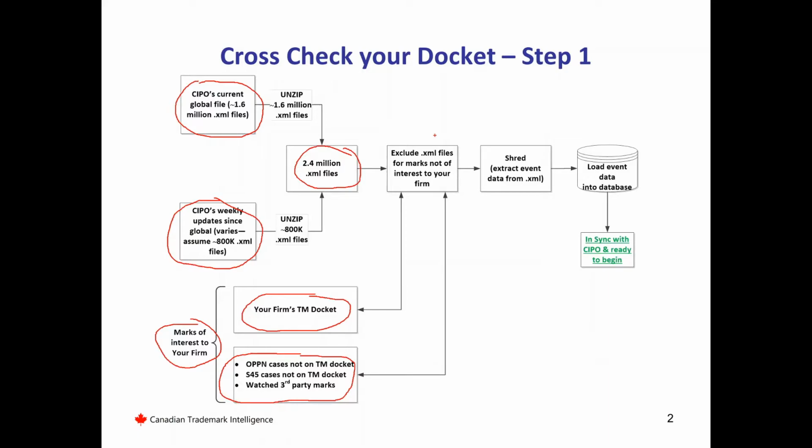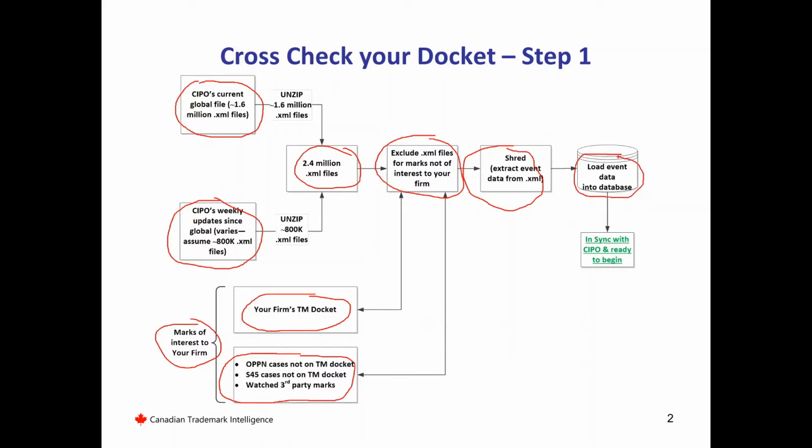CIPO's naming convention for its trademark XML files uses the application serial numbers, so it's easy to cycle through those 2.4 million XML files, picking out only the ones that are of interest to your firm. For most firms, that'll be only a few thousand XML files. You then shred those into a database.